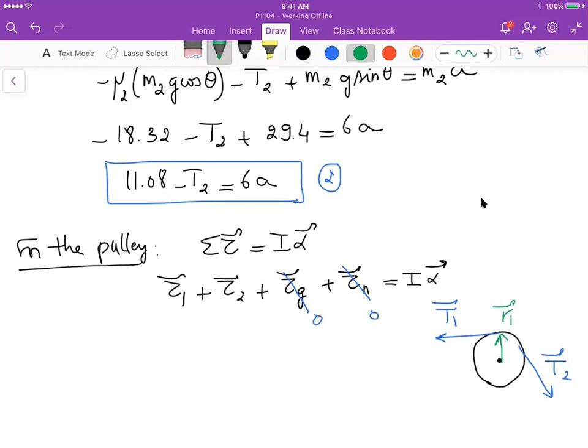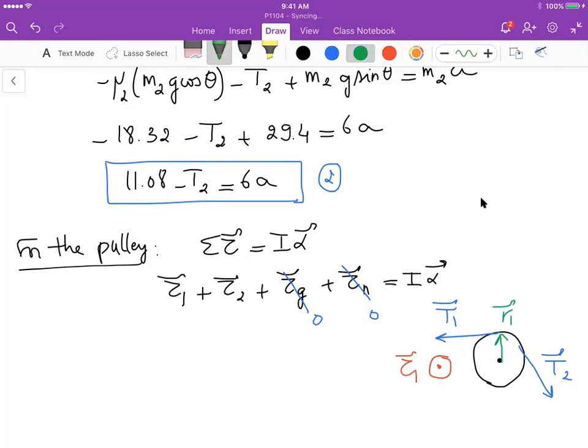R1 is perpendicular to T1. If you use the right hand rule, with R1 as your thumb pointing up and T1 as your second finger pointing left, you find that tau 1 points up. So we will write down tau 1 pointing outward, out of the page toward you.